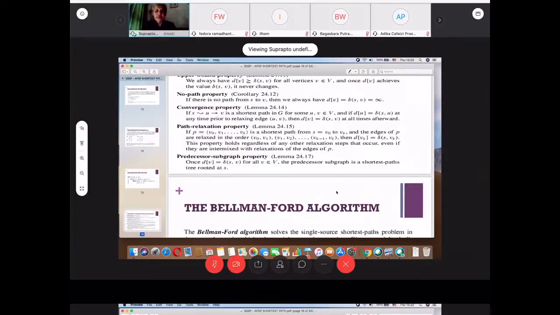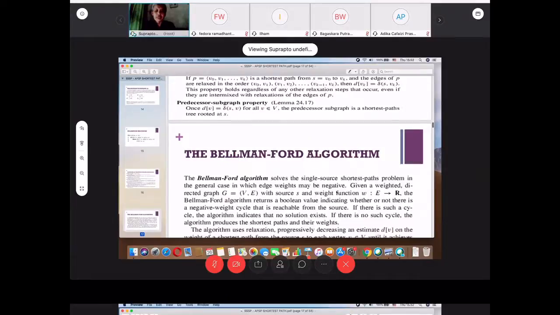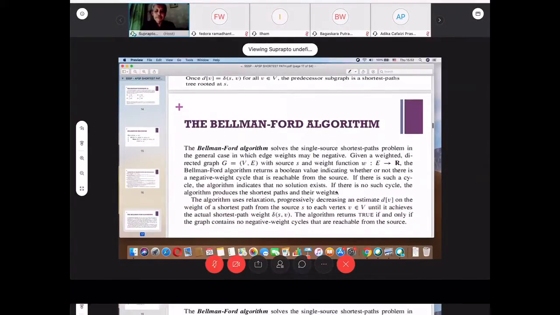Okay, now we arrive at the Bellman-Ford algorithm. The Bellman-Ford algorithm solves the single-source shortest path problem in the general case in which edge weights may be negative.